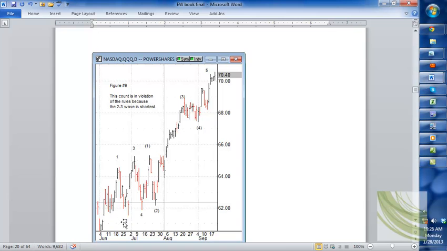So this one here would be in violation, because this one here is the 2 to 3, and if the 2 to 3 cannot be shorter than the 0 to 1, then the 4 to 5 cannot be the shortest of the 3 thrust moves, right?